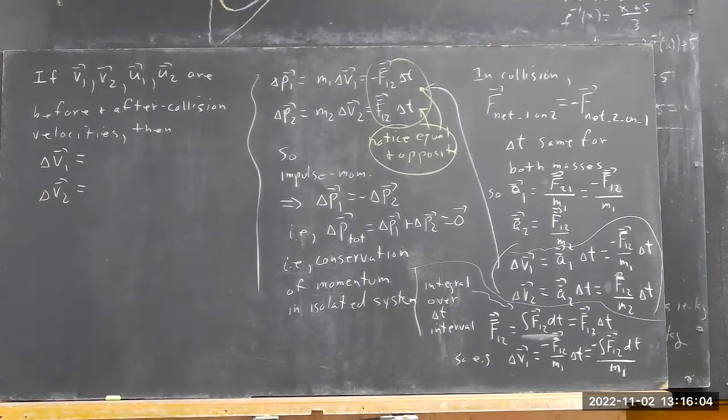What are delta V1 and delta V2? What are your expressions just in terms of V1, V2, U1, and U2 for your delta V's?